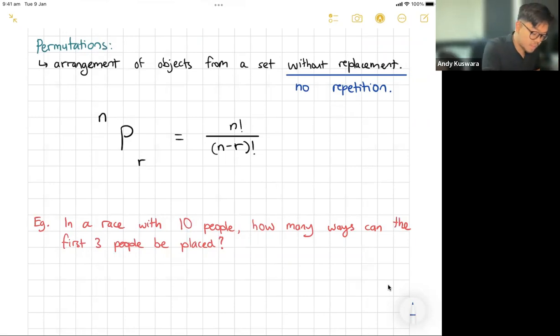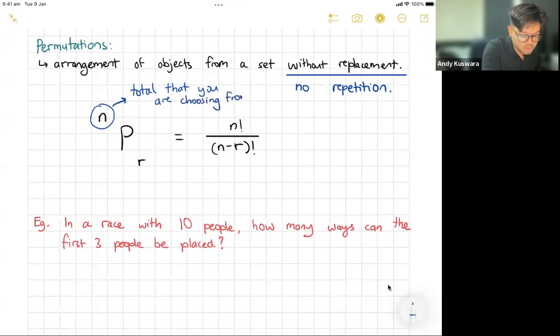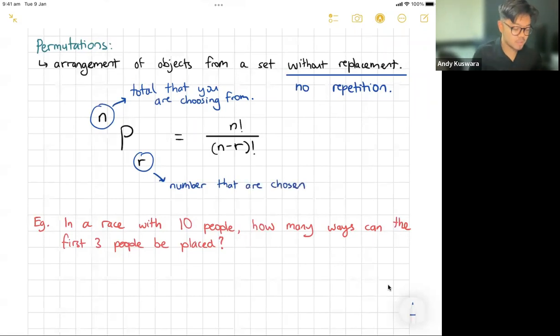Now, these letters mean a couple things. n is the total that you're choosing from. This r down here is the number that you choose, or the number that are chosen. And P is just P.